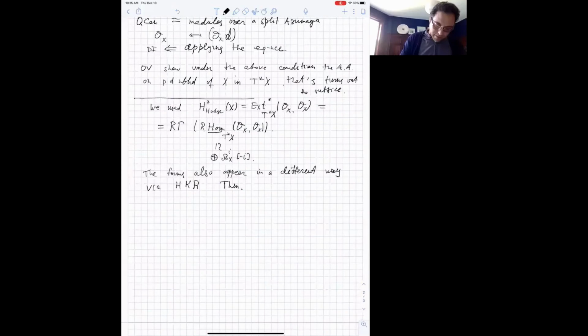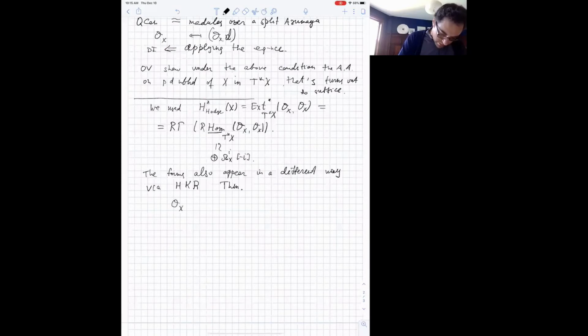Namely, if I compute the derived tensor product, then I will get nothing but, sorry, it's in a sense a dual setting.